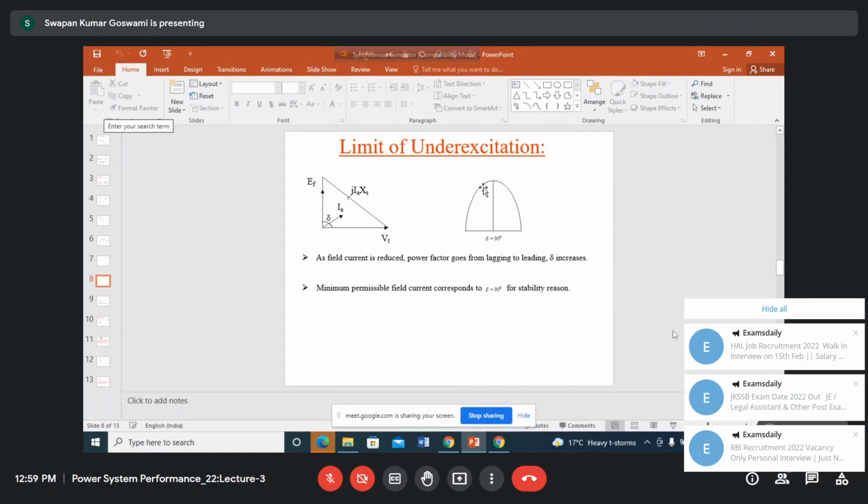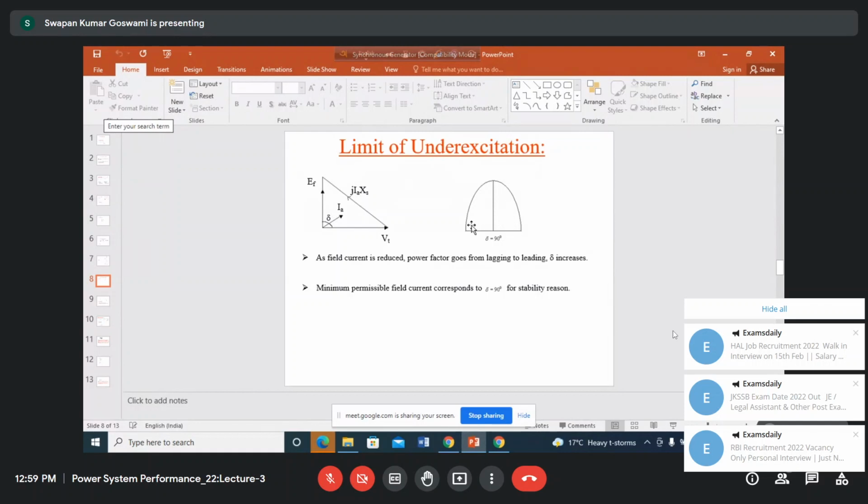So if you get the resultant, the power angle curve value will be somewhat higher. It will be maximum somewhere here, before delta equal to 90 degrees, and at delta equal to 90 degrees it will be here, and then it will get reduced.